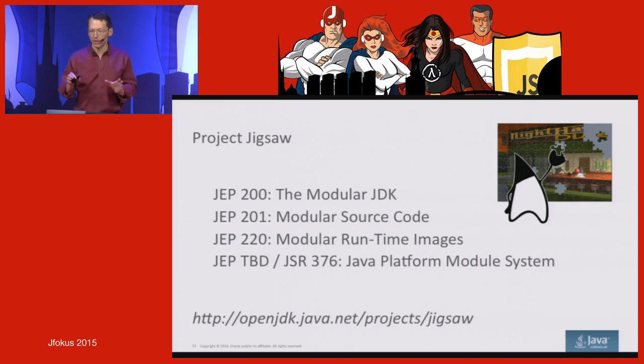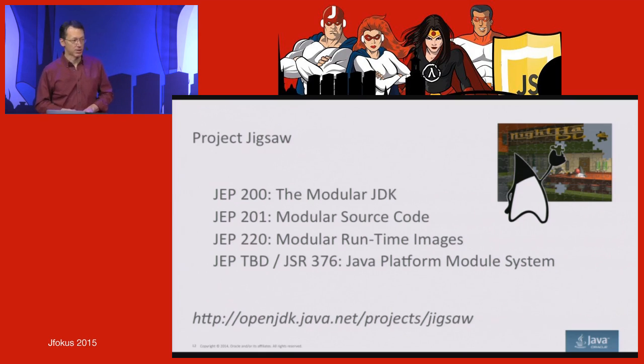In the second one, we restructured all the source code in the JDK source tree to be in a modular form. In the third one, we modularized the runtime images, and in the fourth one, we will actually introduce the module system that will be specified in JSR 376, which was approved last December.